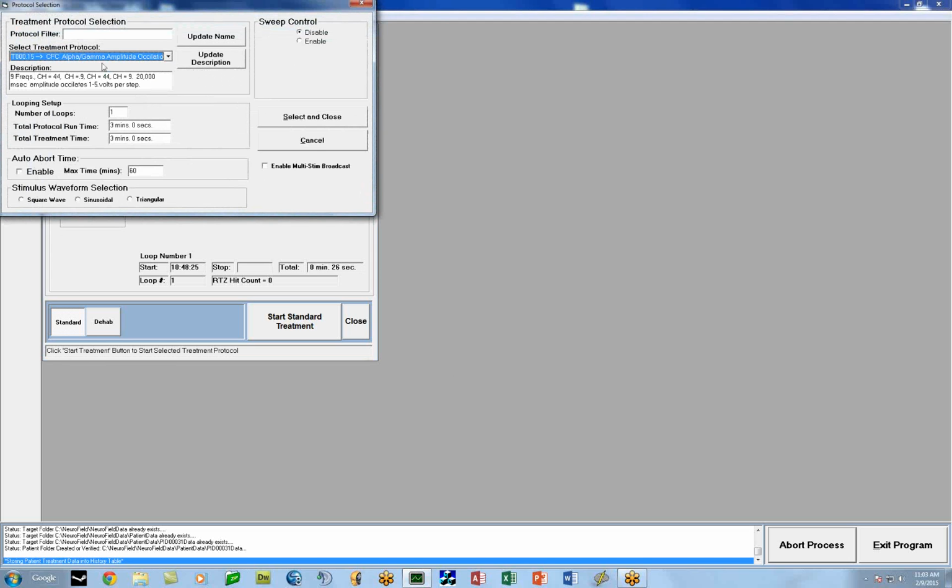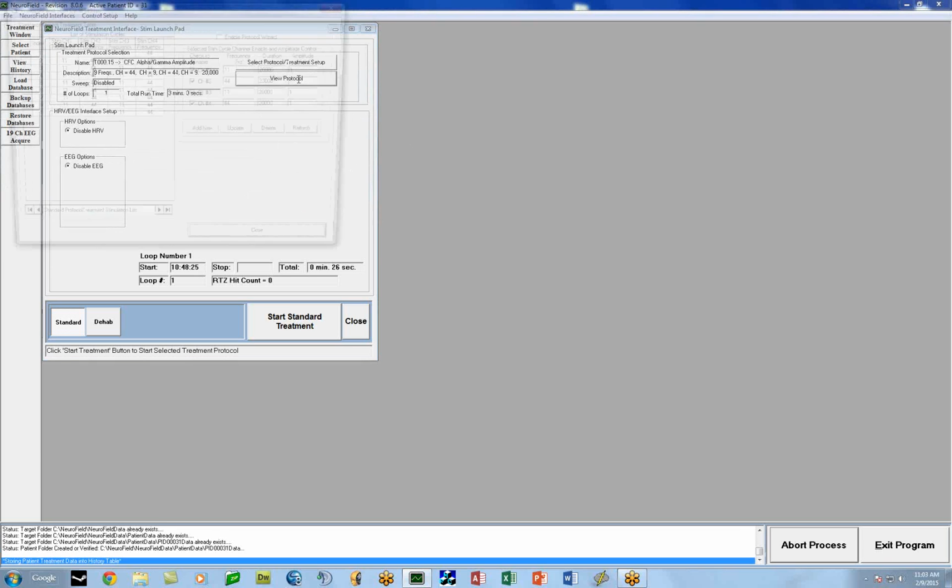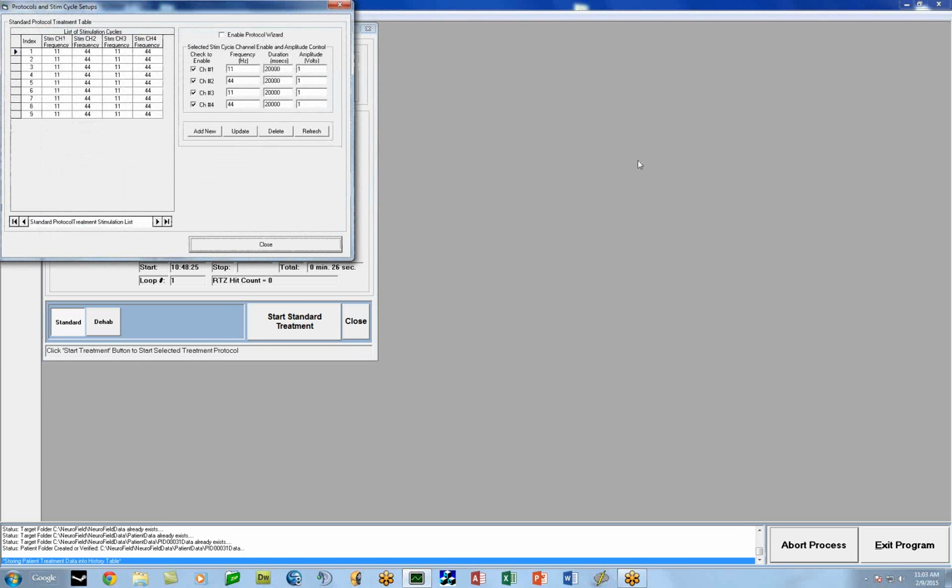A good one, too. The next one is alpha-gamma amplitude oscillation. Pretty simple, huh? It's simply alpha and gamma put together in one protocol, and it's going to create a 32 hertz binaural. The trick with this one is that this is a longer one.